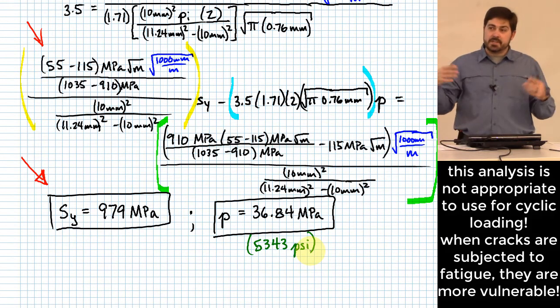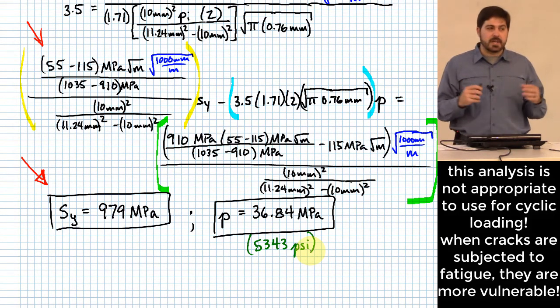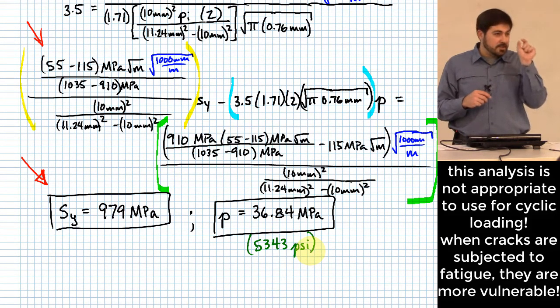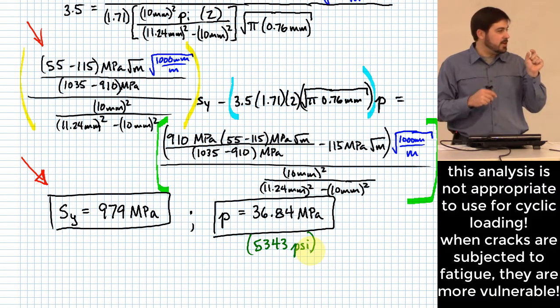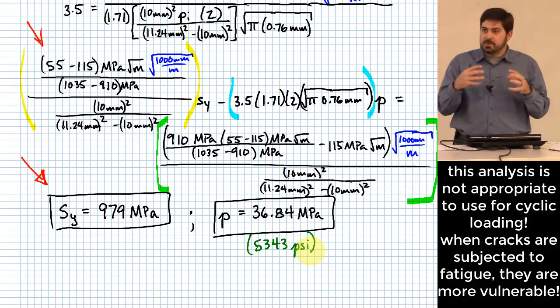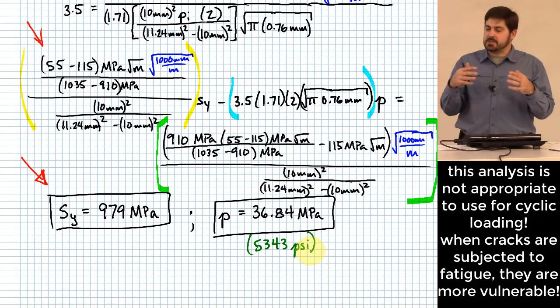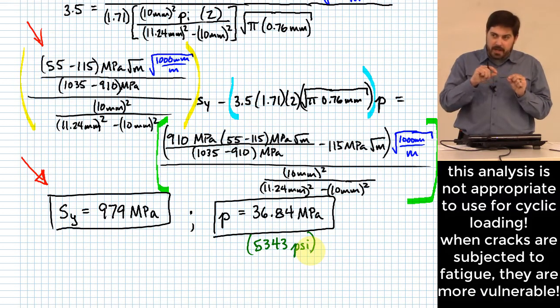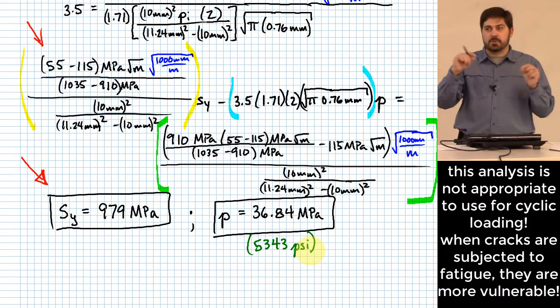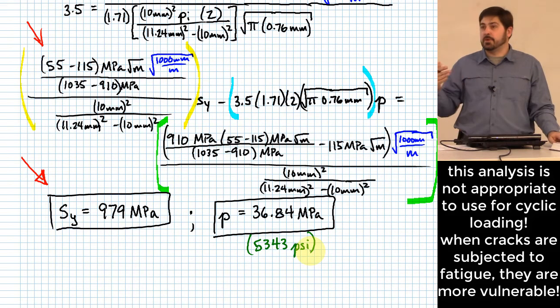And what that does, even though we don't see it on a macro scale, is it can cause a little tiny bit of plastic deformation at the edges of those defects. And over and over and over again, we keep on applying that stress to it. It can make those cracks begin to spread even at much lower stress levels than we would have predicted that they would start spreading.